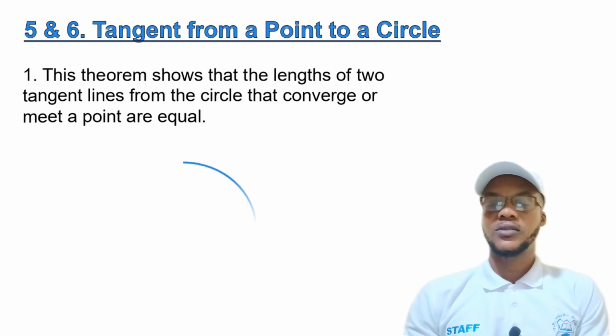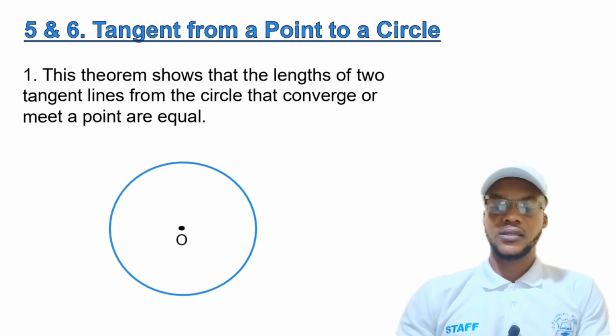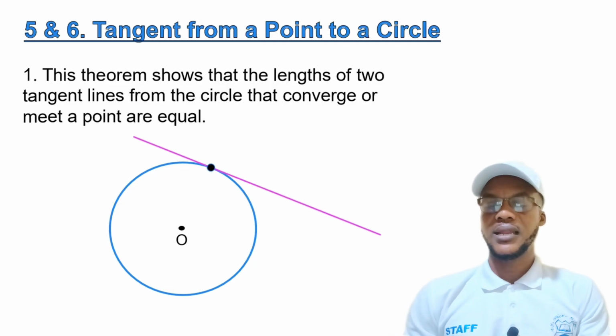Let's look at this circle and identify our center. We can have one tangent line here which touches the circle at a point, and another one also here.